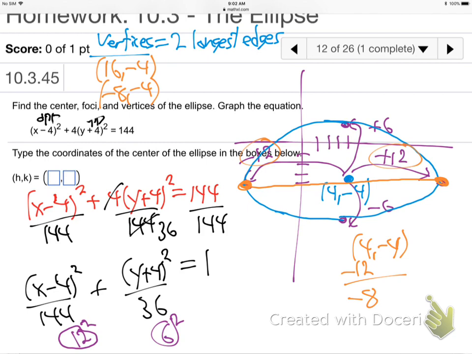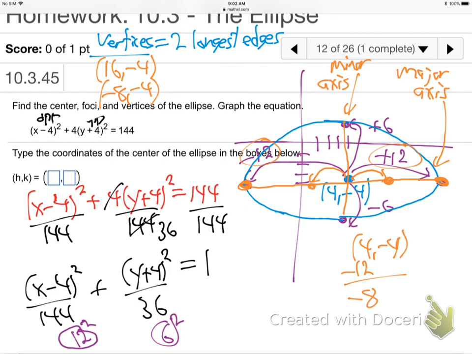Yeah, so this one is called the major axis, meaning it's the bigger, the longer. The up and down would be called the minor axis. So whichever direction is bigger, that's the important direction. So this ellipse is wider than it is tall, so that means the focus points will be somewhere on the major axis, right and left.